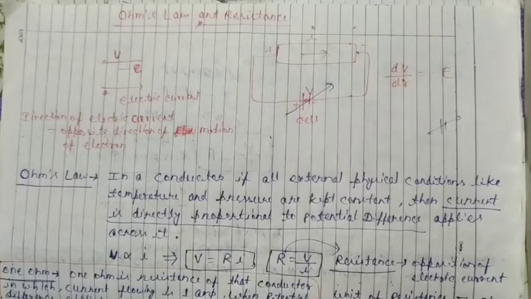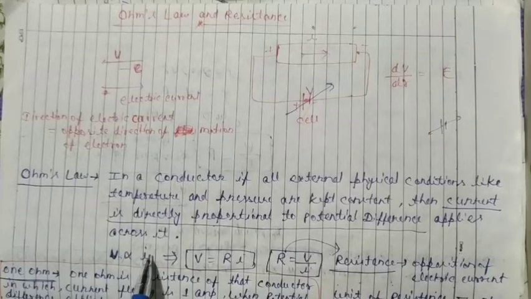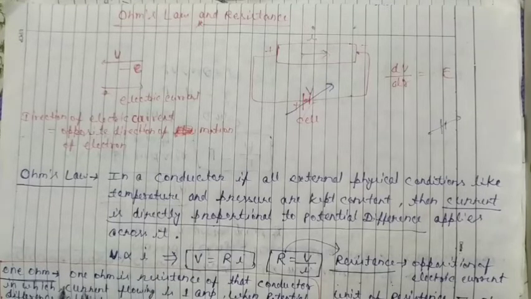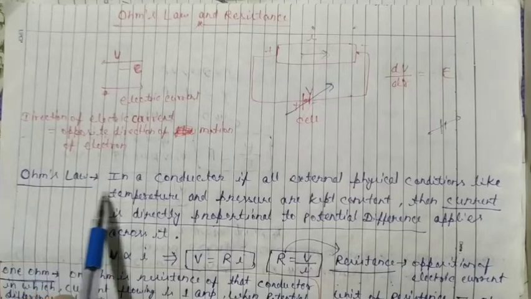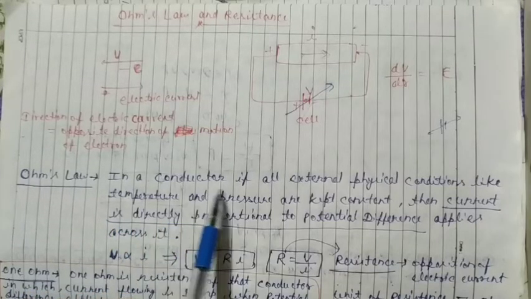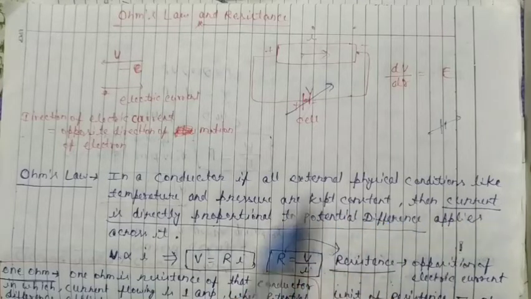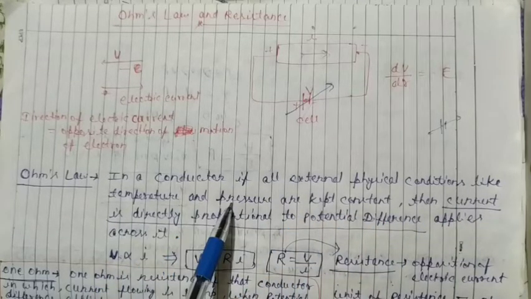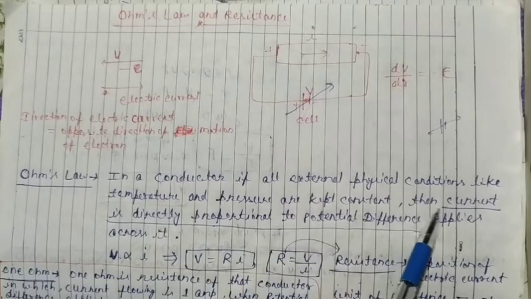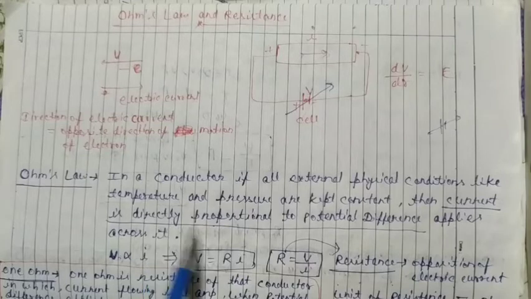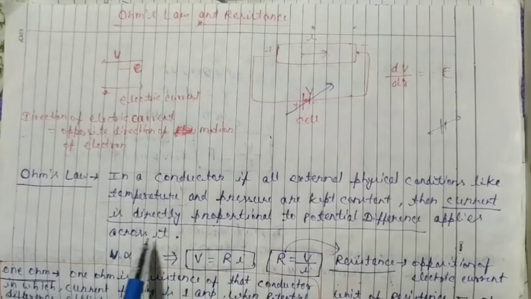Then these will be exactly proportional to each other. This is Ohm's law. In a conductor, if all external physical conditions like temperature and pressure are kept constant, then current is directly proportional to potential difference applied across it.